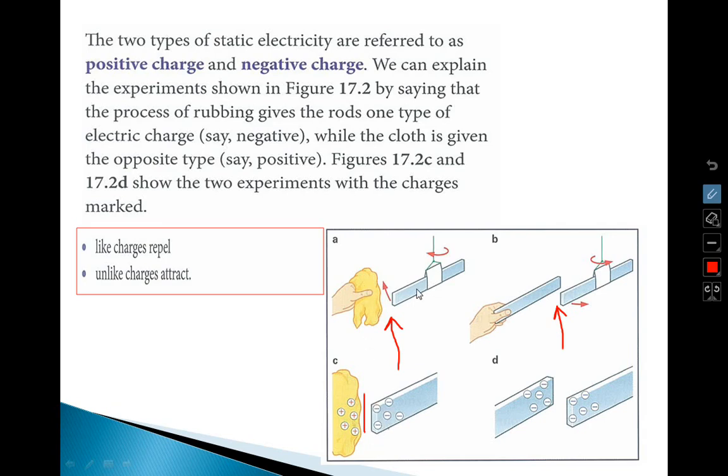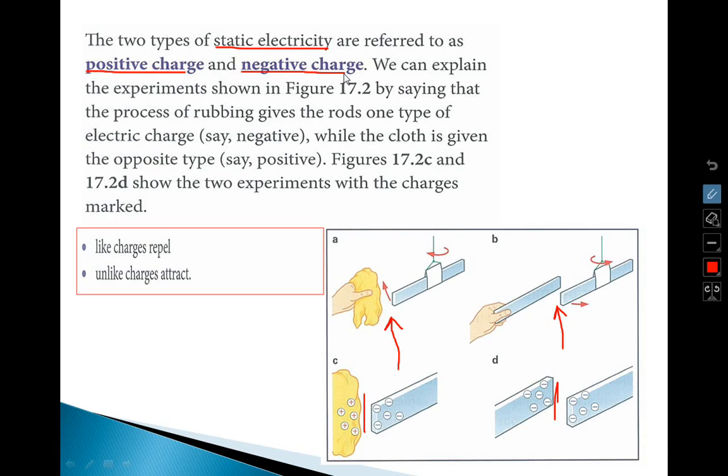Here they have the same charge: this one is negative and this one is negative. So the force here is repulsion. So there are two types of static electricity, referred to as positive charge and negative charge. We have two types of charged material, positive and negative.